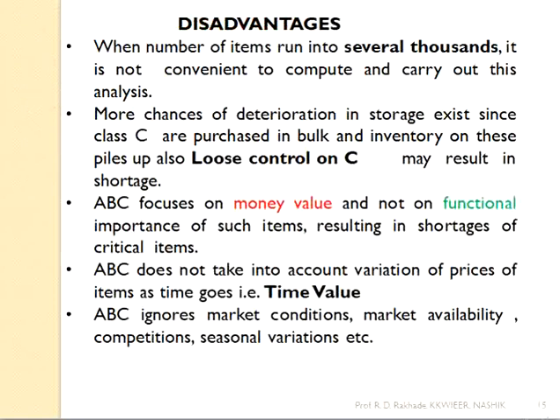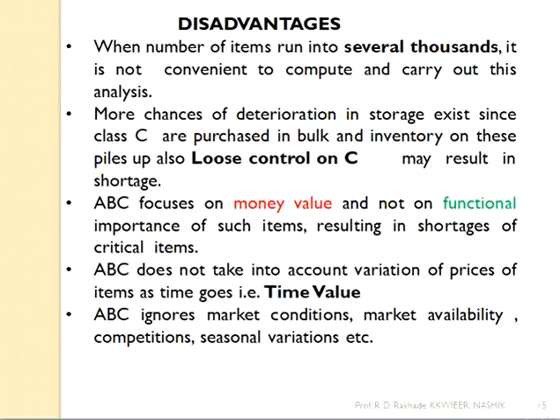Then there are certain disadvantages of this method. If there are several hundred or 1,000 items, then it is difficult to segregate which one is expensive or which one is in the A, B, C categories. Then we lose control on C due to its high quantity in percentage and low value.